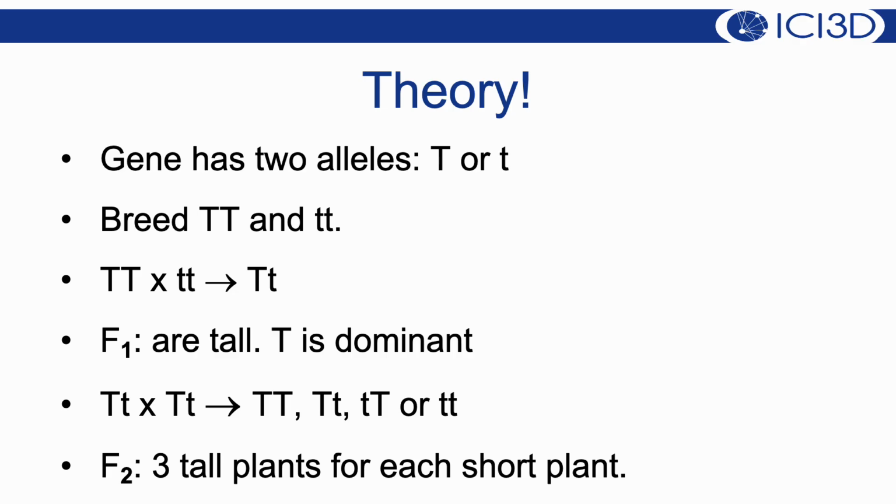So you see in that slide what it looks like. Because T is dominant, out of the four offspring that you get, 3 of them are going to look as if they are entirely tall, and only one is going to look as if it's a short plant. Okay.